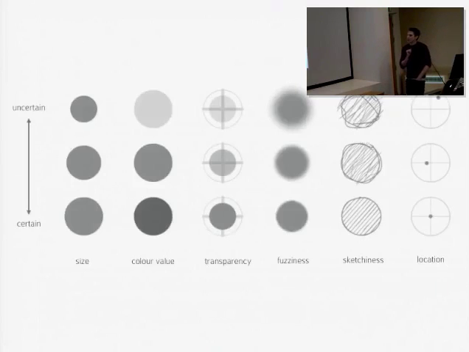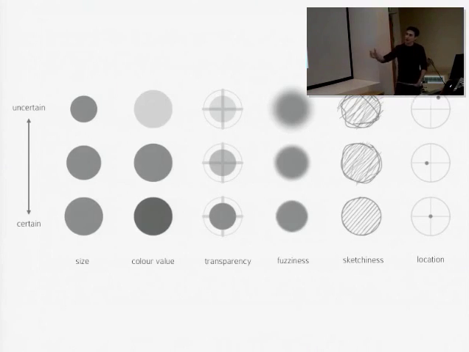Most of the literature on uncertainty that I could find seems to focus on visual variables that are used to represent uncertainty. Things like size, colour value, transparency, fuzziness, sketchiness, and location.